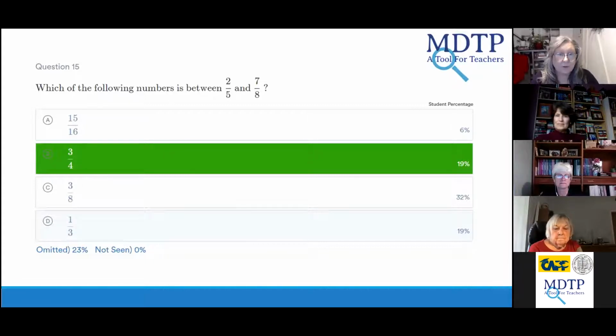You'll notice that the green bar is the correct answer. So I'm going to give you about a minute or so to jot down a few notes and/or ask yourself some notice and wonder questions. And then if you will, pop those in the chat. Let's share with each other what we're noticing and wondering.